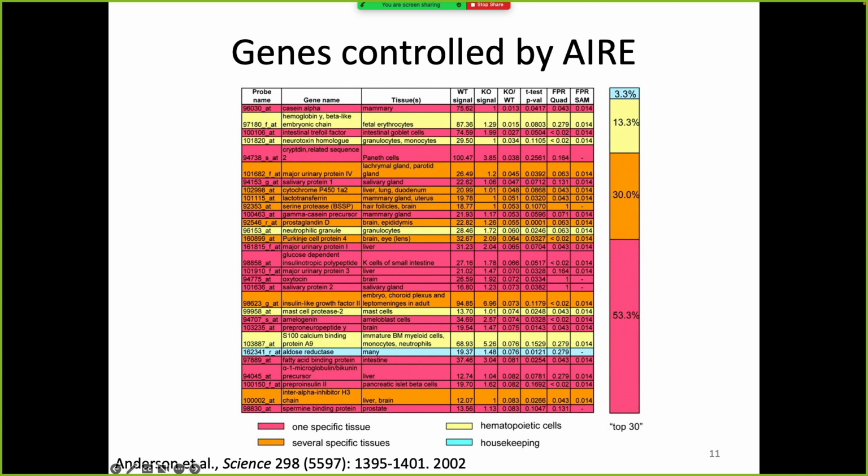And if you get rid of AIRE, then you mess up the salivary protein being made in the thymus. Or urinary protein, or oxytocin, or insulin-like growth factor, preproneuropeptide, preproinsulin. And so all of these tissue-specific proteins are made in the thymus because of AIRE.